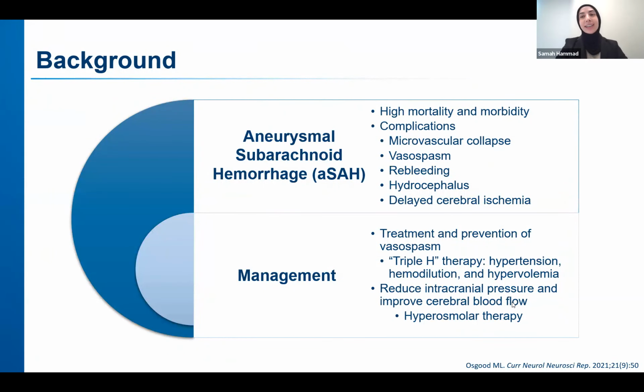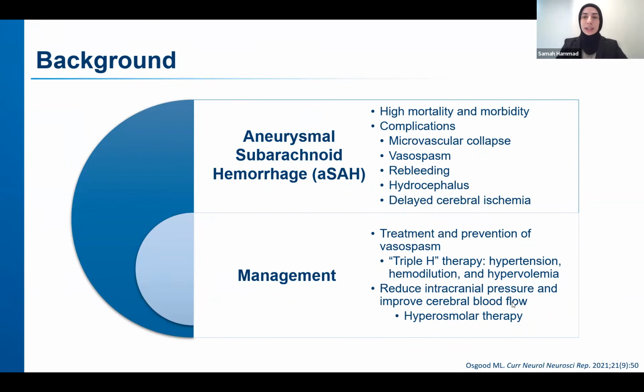With that being said, we know that there is a high mortality and morbidity associated with aneurysmal subarachnoid hemorrhage due to those several complications that I just mentioned: vasospasm, hydrocephalus even, DCI, and rebleeding. Therefore, management strategies typically include therapies that prevent vasospasm and reduce intracranial pressure.